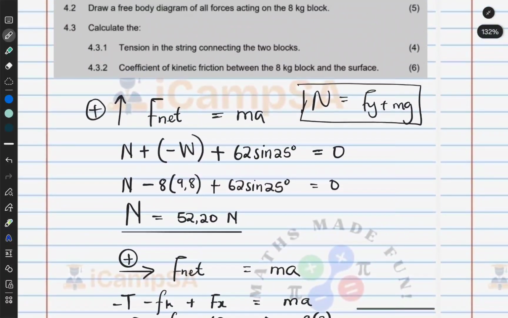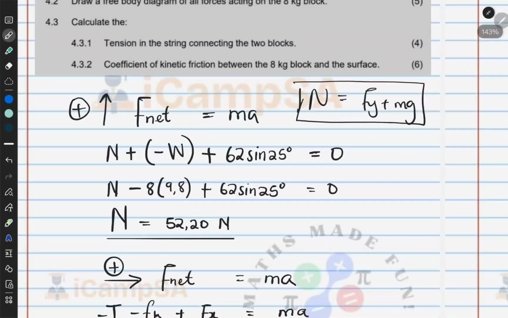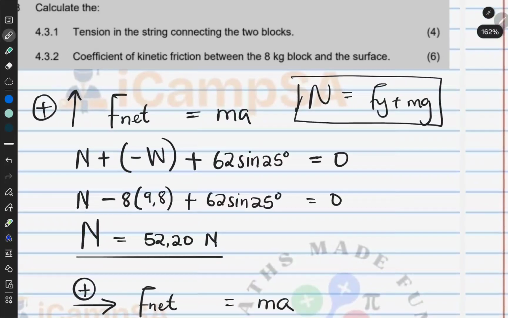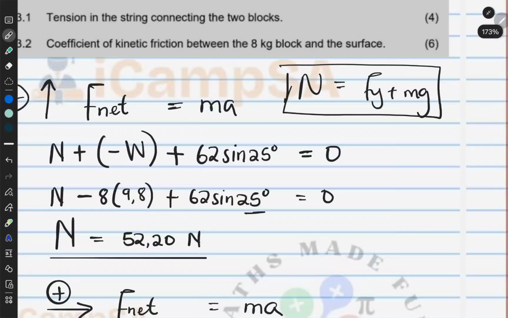Now let's do it practically. We don't have to do it in our heads. Let's just substitute 10 degrees here, because they're telling us this 25 is decreased to 10 degrees. Let's see what our new value is.